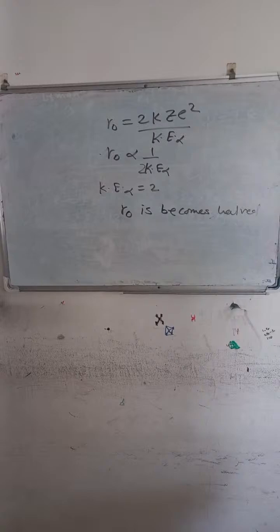Okay. Now write down the next question. In the Geiger-Marsden experiment, calculate the distance of closest approach for an alpha particle with energy 2.56 into 10 raised to minus 12 joule.